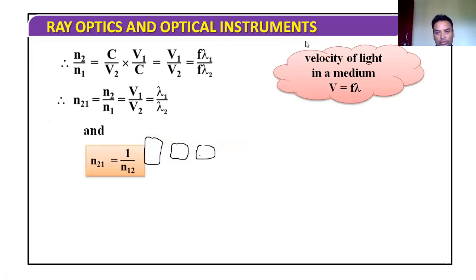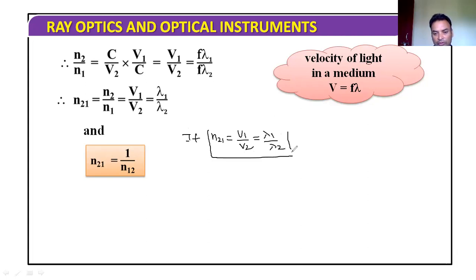And because light follows the principle of reversibility, we can also write, if n21 is equal to v1 upon v2 is equal to lambda 1 upon lambda 2, then n21 is equal to 1 upon n12.